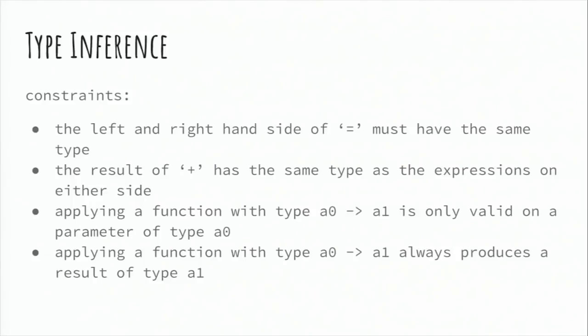And the result of plus, for example, has the same type as the expressions on either side, which also must be equal, I think. And applying a function with type A0 to A1 is only valid for a parameter of type A0, of course, and it should always produce a value of type A1.